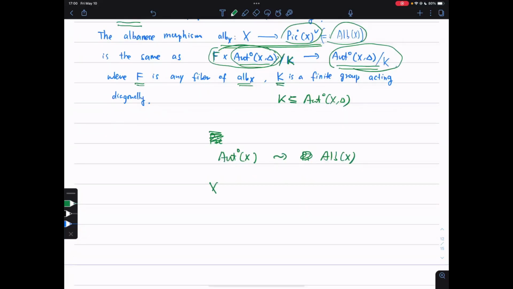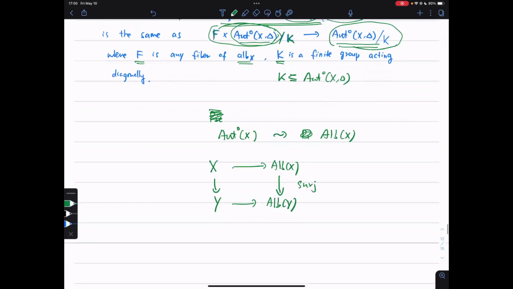So we have a fibration X to Y, and this is also Calabi-Yau, as I mentioned. So the Albanese map is surjective, and this Albanese map is also surjective. By the universal property, we can get a map from the Albanese of X to the Albanese of Y, and this is also surjective, right?